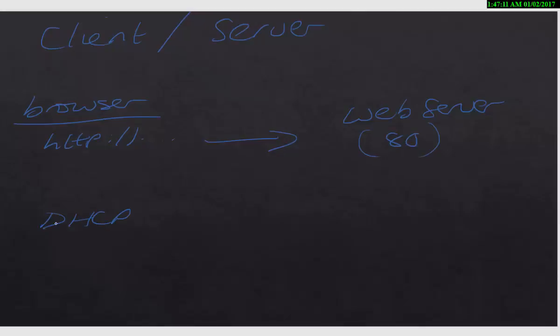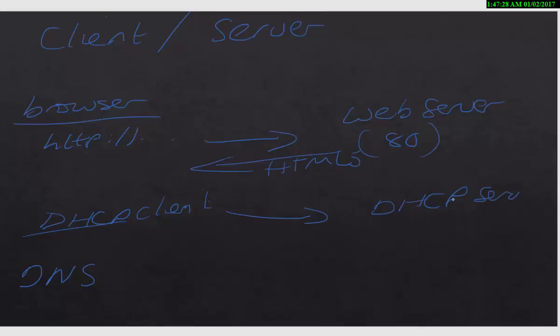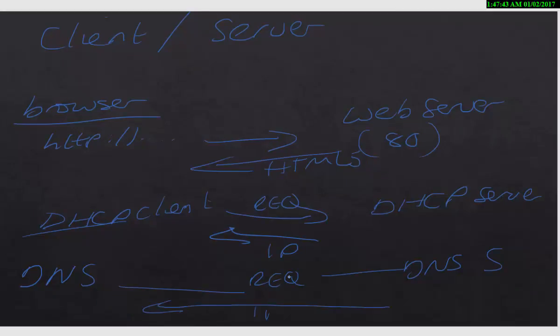I need to find out what they are. DHCP client. So this is going to give back HTML and JavaScript, HTML5, for example. DHCP client, connect to DHCP server. This will give back an IP, so request, and this one's going to request to the DNS server, and that will send back an IP. So you can give examples of these three things here.